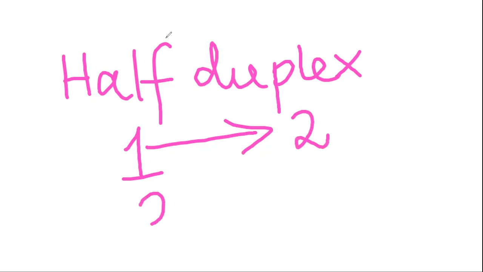The best example we could think of is a walkie-talkie. In a walkie-talkie, one person, the sender, sends the message and waits for a period of time for the receiver to receive it and reply back. So walkie-talkie is the best example of half duplex transmission mode.